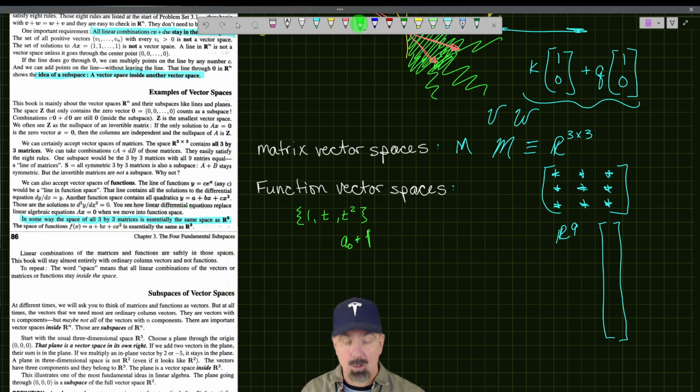We'll talk about that word in a little bit. Plus a1 times t, plus a2 times t squared, and I think about all the possible linear combinations. What have I defined? I've defined all the quadratic polynomials.